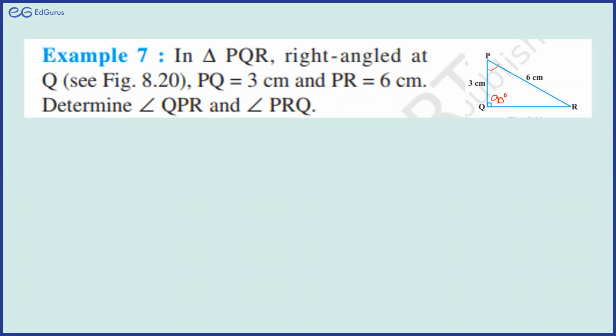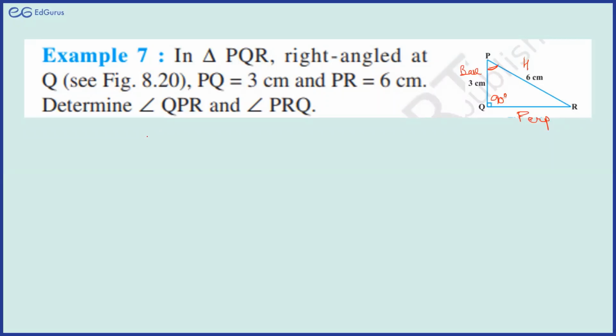Before I find the angle QPR, let's see how I label the sides with respect to angle P. PR is my hypotenuse. The side opposite angle P is my perpendicular, and the side adjacent to angle P is my base.